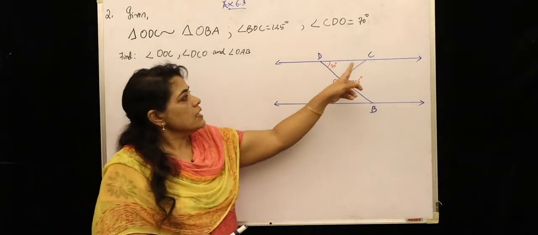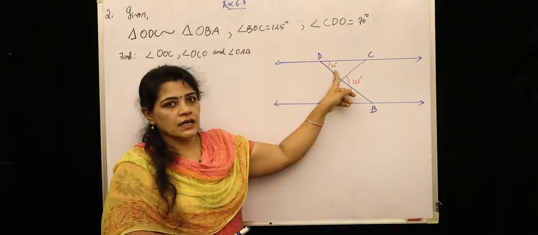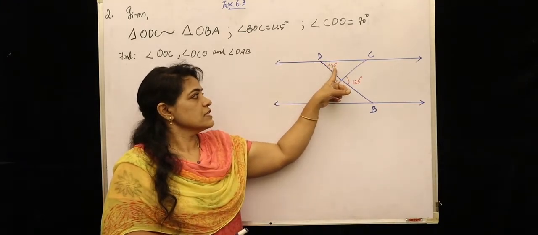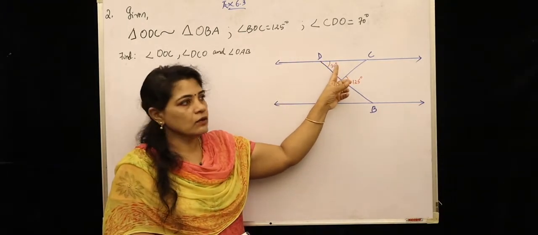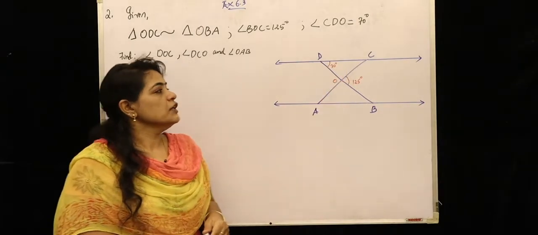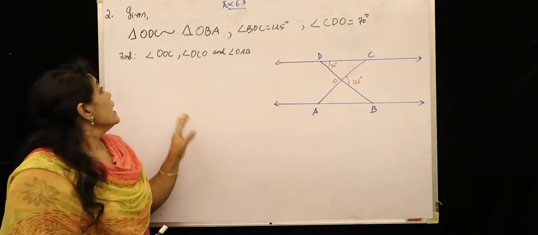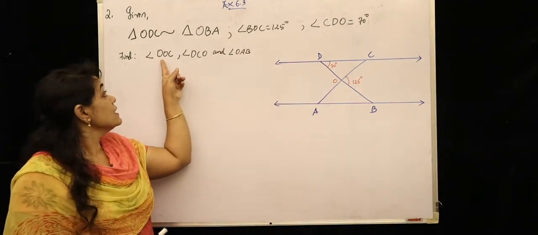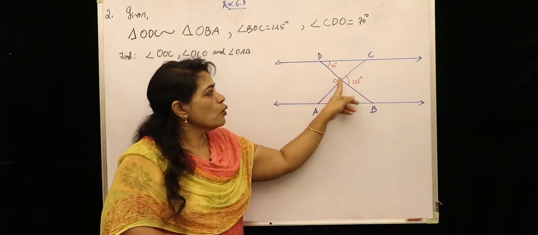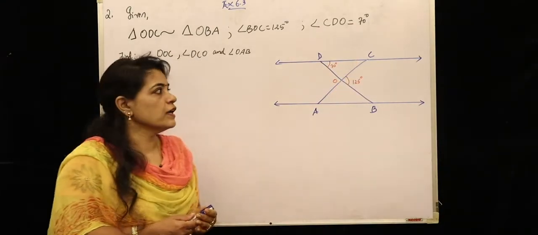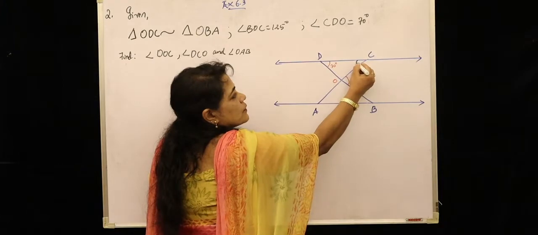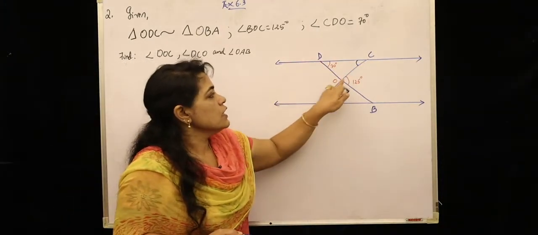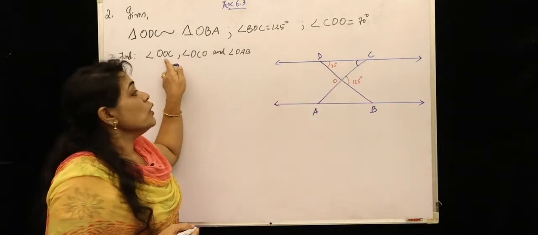And one more thing, angle CDO, D is the vertex, the middle letter, is 70 degrees, one of the angles of this triangle. What we have to find out is the measurement of these three angles. DOC, this angle we have to find out, and DCO, this angle.